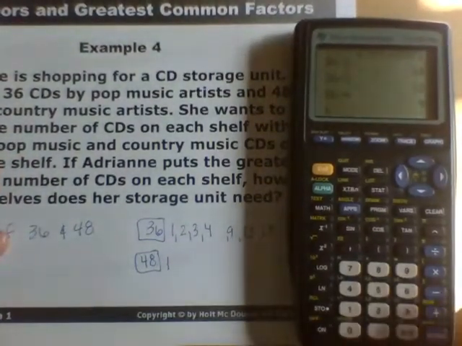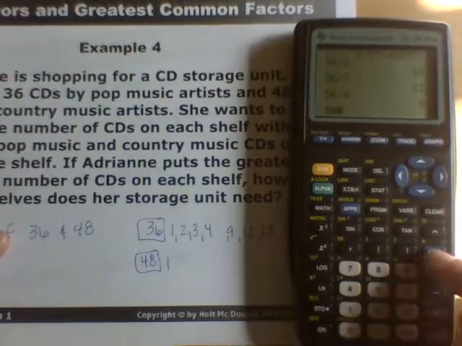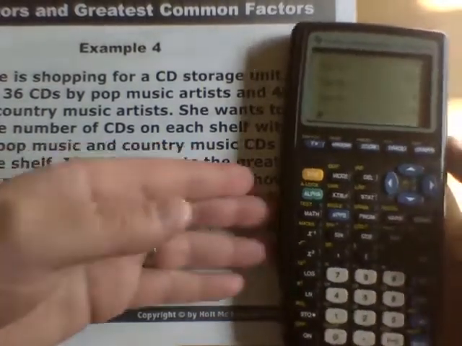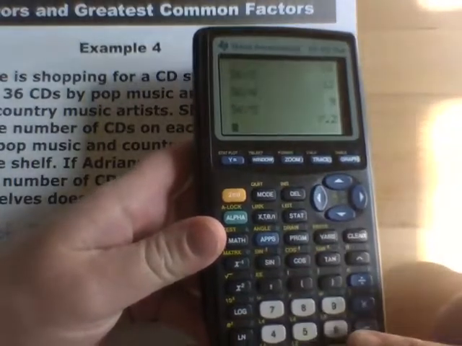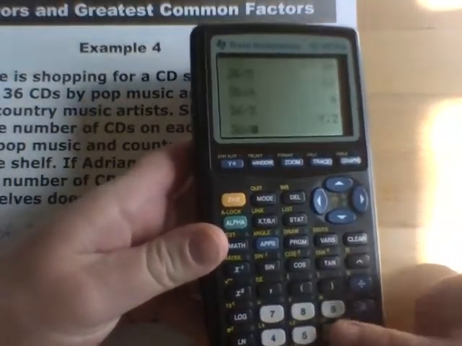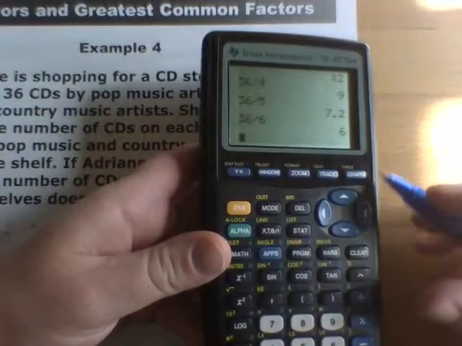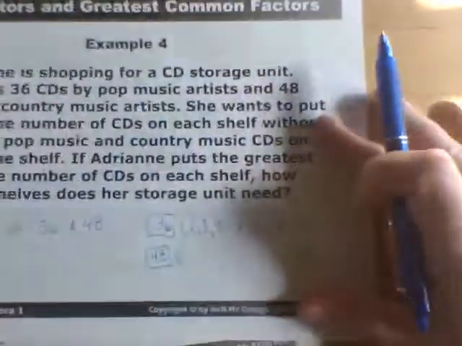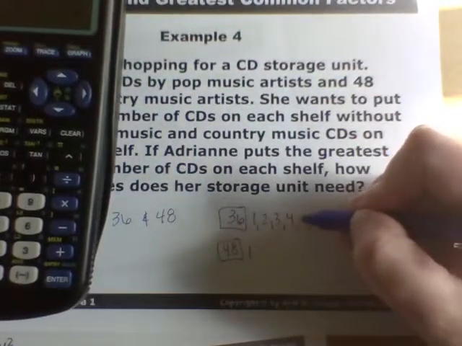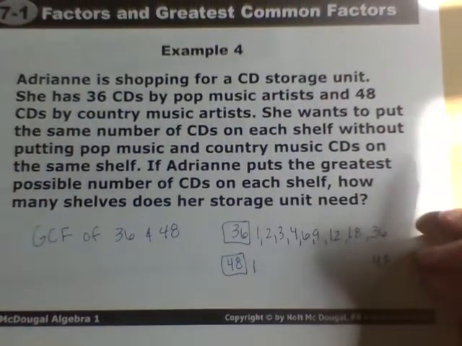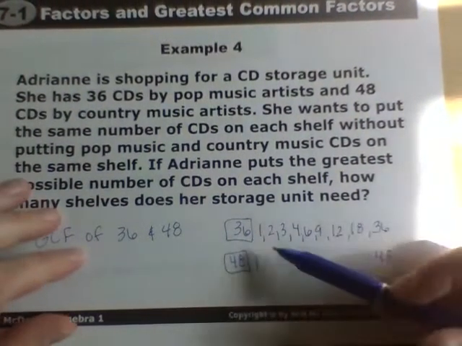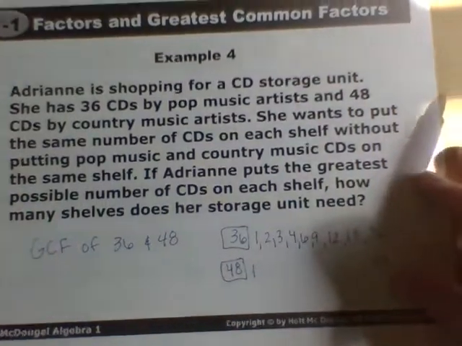And then we can continue on and do 36 divided by 5. But notice that 36 divided by 5 gets a decimal, so we don't want to use that one. And then 36 divided by 6 is 6. You might think that you would write 6 twice, but really once in the list is fine. And then after that, we have found all of the pieces. You can try 7 and 8 if you want, but they will not divide into 36.